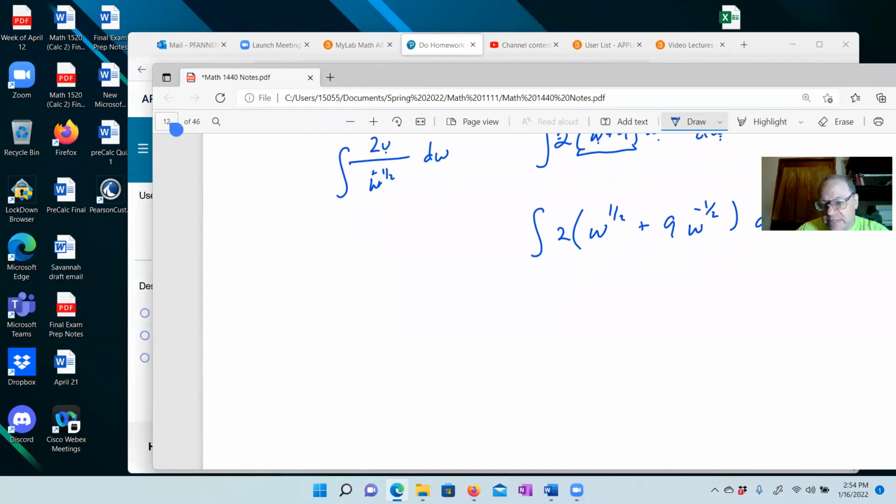So now we could just go ahead and say, well, this is 2. Okay, and then this is going to be w 1/2 plus 1. That's going to be 3/2 times 2/3. Okay, plus 9. And then we're going to have integrating here. So negative 1/2 plus 1, that's going to be 1/2 divided by 1/2 plus c.